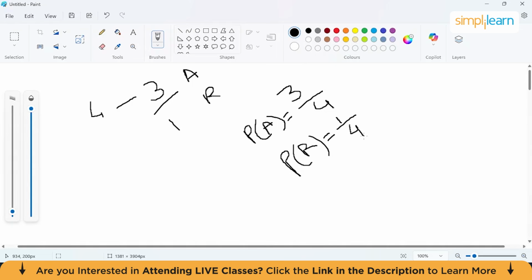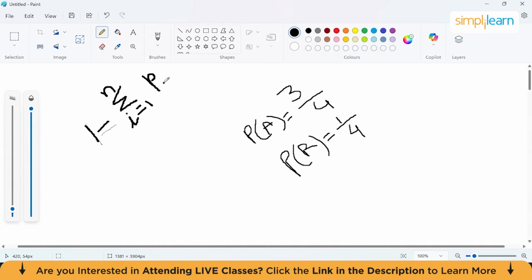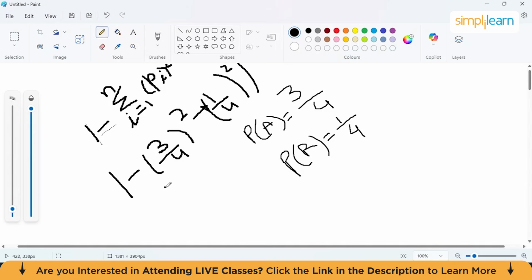Now, the Gini impurity, the amount of impurity or indecisiveness present, is given by this formula: 1 minus the sum for i equal to 1 to n of the probability of the ith class, the whole squared. So in this example, that's 1 minus (3 by 4 squared plus 1 by 4 squared).